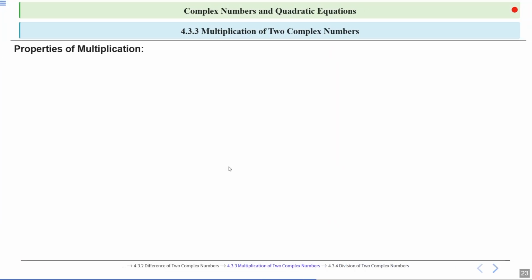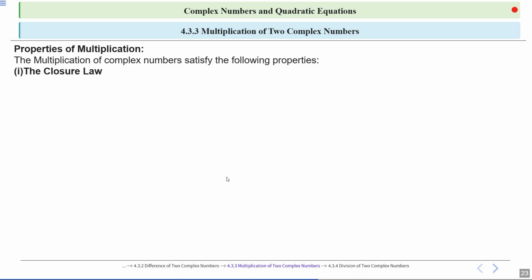Now, we will discuss the properties of multiplication for complex numbers. So, these properties are fundamental because they help us understand how complex numbers behave when we multiply them. So, the multiplication of complex numbers satisfies the following properties. First property is the closure law. The second property is the commutative law.